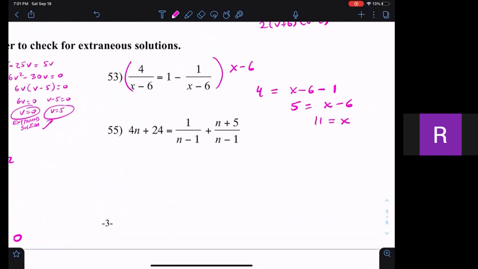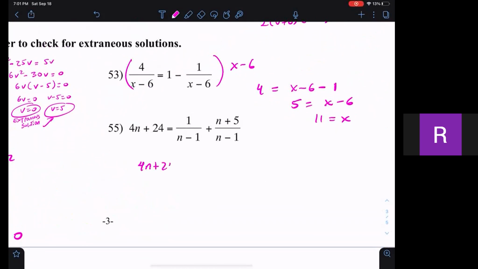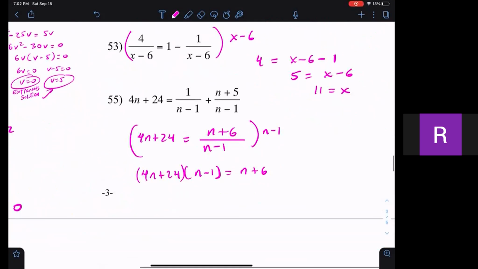Next one. 4n plus 24. And then I have the same case. I have the same denominator, so that's good. So that's going to be n plus 6. Now I need to multiply both sides by n minus 1, right? So that's going to be 4n plus 24 times n minus 1. And then here I have n plus 6. Now distribute, right?